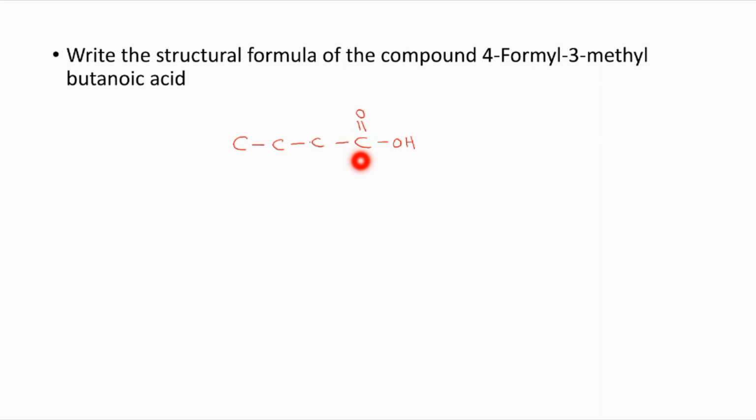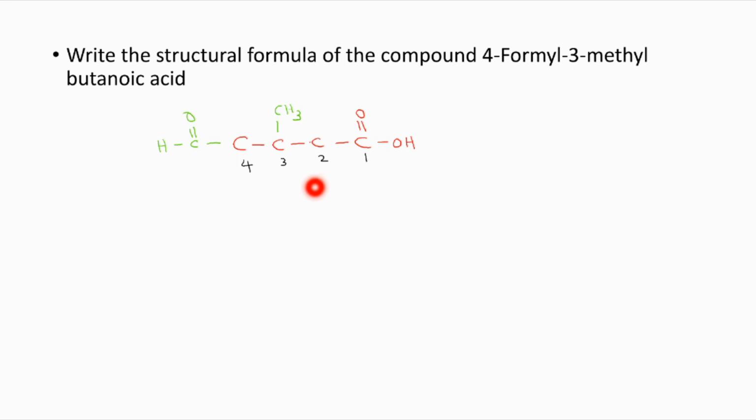So this should be given number 1, right? And they are telling that to the third carbon atom methyl group is attached. So here one CH3 group will be present. And to the fourth carbon atom we will have to attach an aldehyde group over here. Correct? So in this case, they have excluded this aldehyde functional group and given the number.